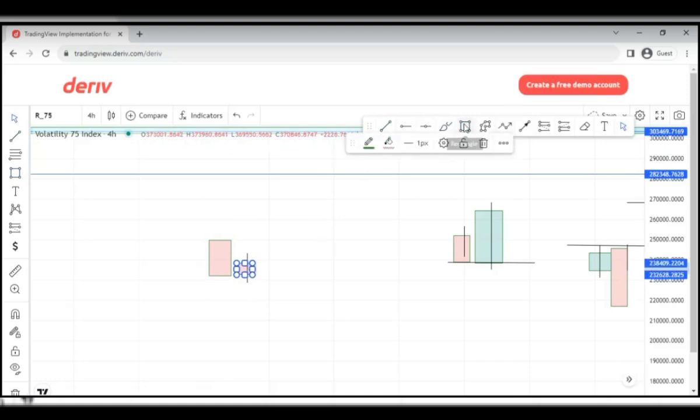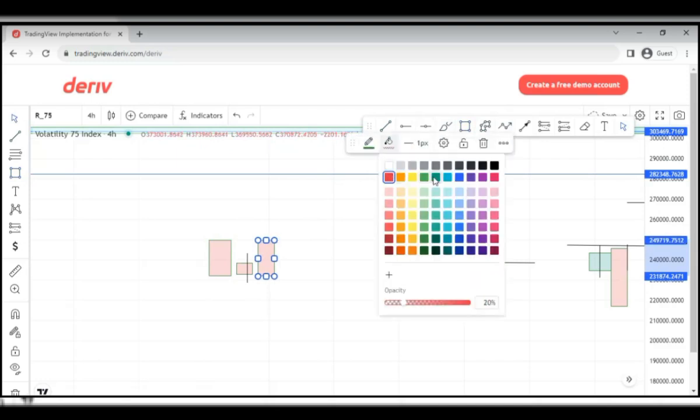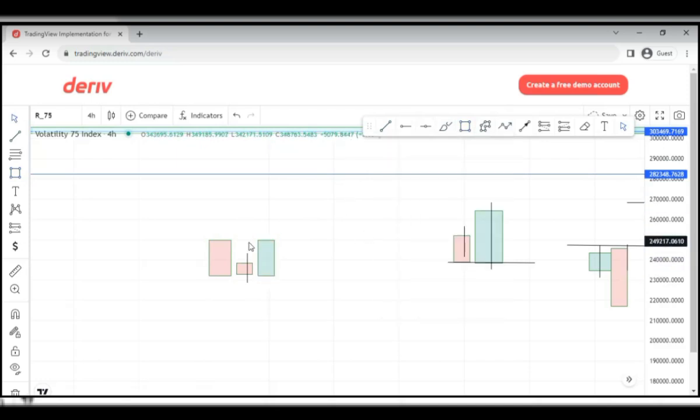And then we have a candle here, probably green in color. We call this a morning star.